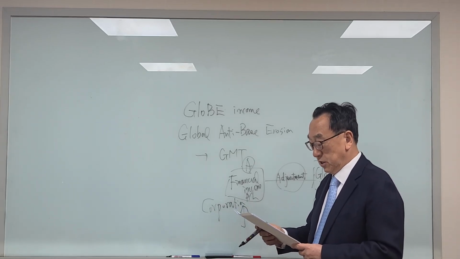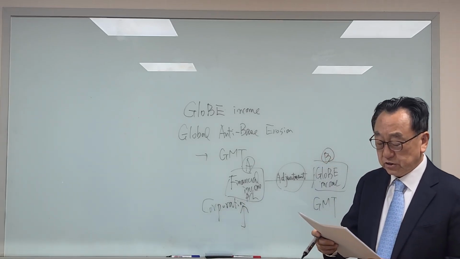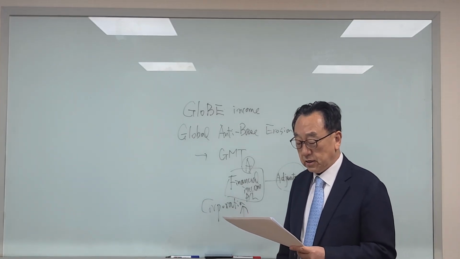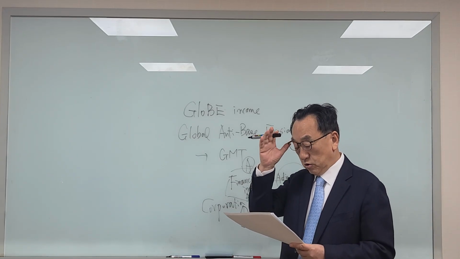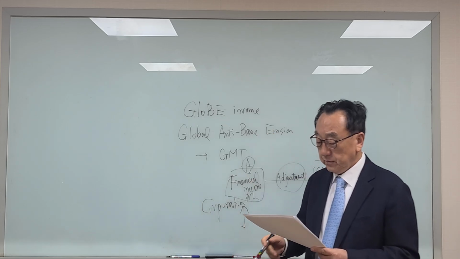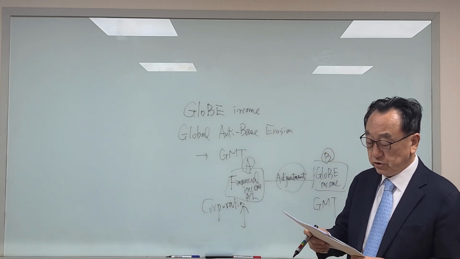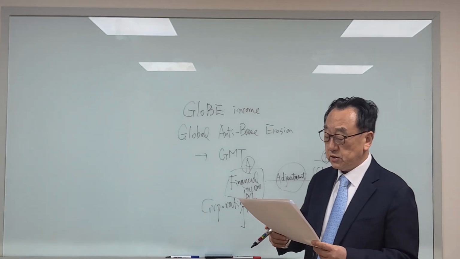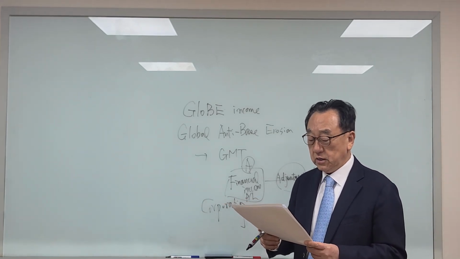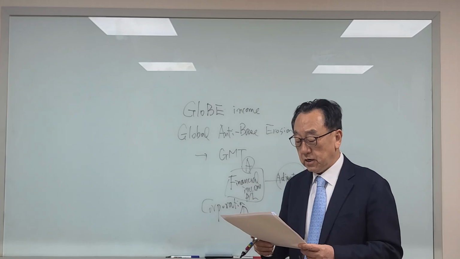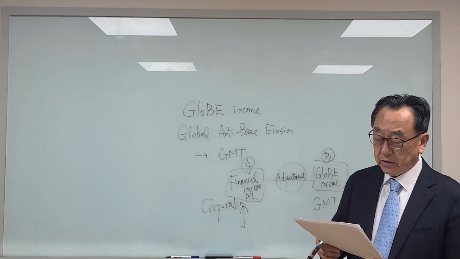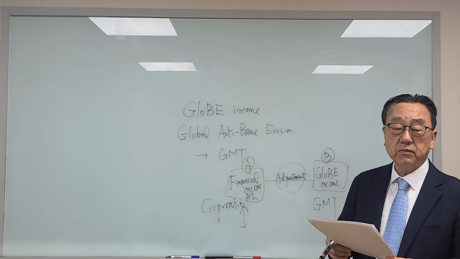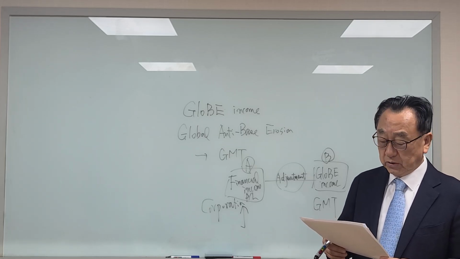This is mentioned in Article 66 of the AITA, Adjustment of International Tax Act. The GloBE income for each business year shall be calculated by reflecting the adjustments prescribed by presidential decree, such as addition of net tax expense and the exclusion of dividends from the shareholder, and so on.